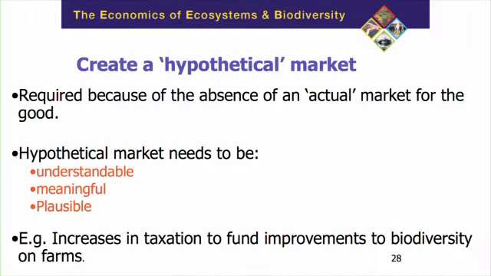And there's no right or wrong way of doing it, and different scenarios will require different approaches. So you need to think about your local context. One example, in a study I did in the UK, was looking at how much people were willing to pay as increases in taxes to improve biodiversity on farms. And the program was going to be an agri-environment type scheme, which would be funded by government.